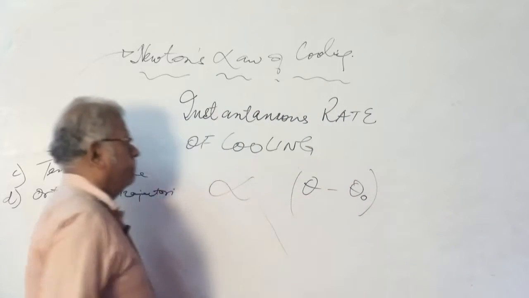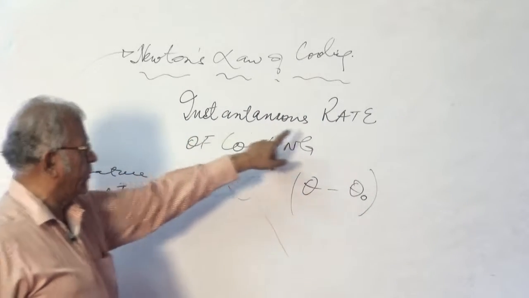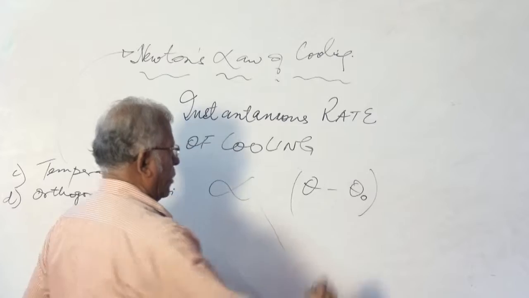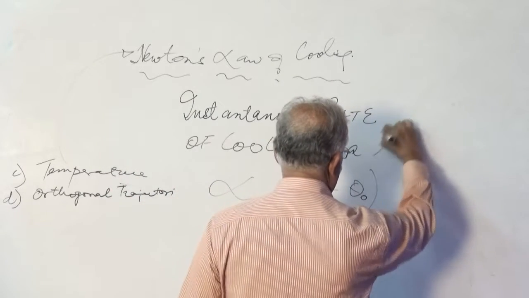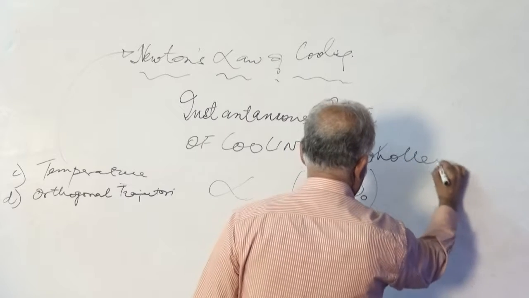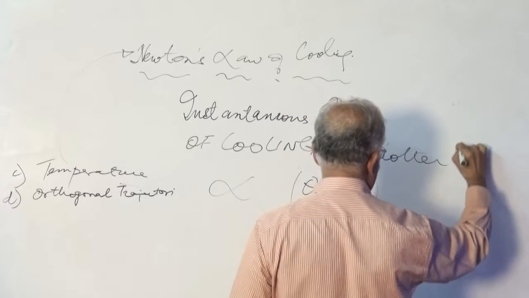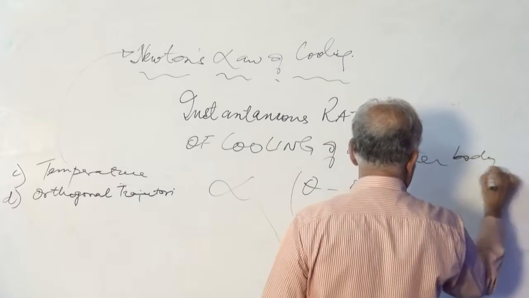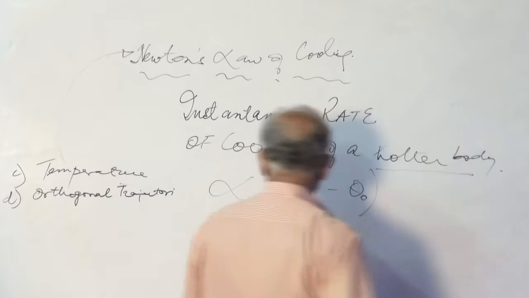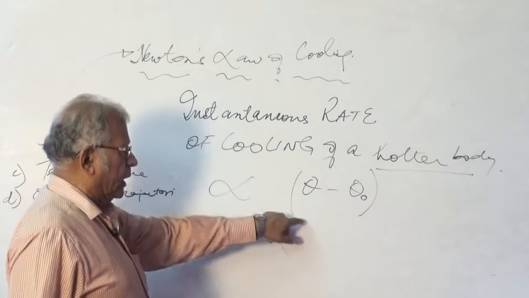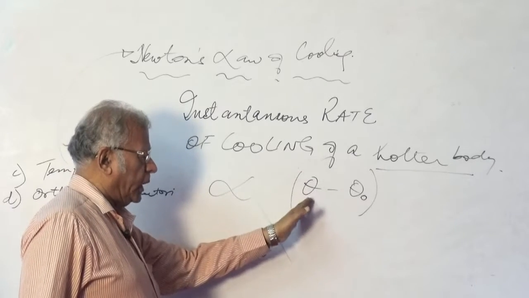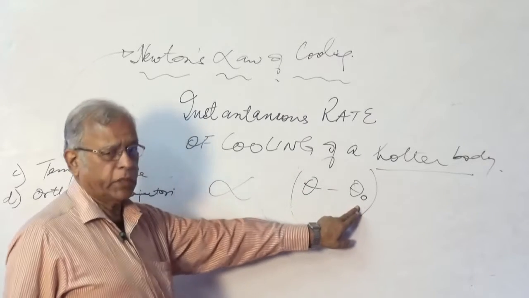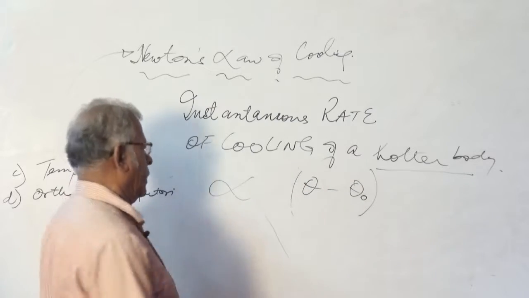The instantaneous rate of cooling, let's say of a hotter body, is proportional to the temperature difference at that instant between the hot body and the ambient temperature, which remains constant.